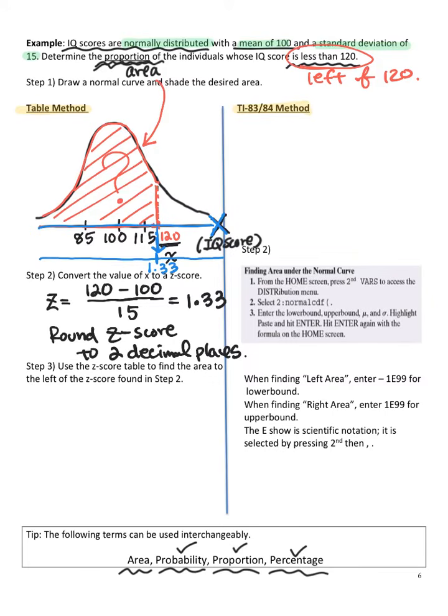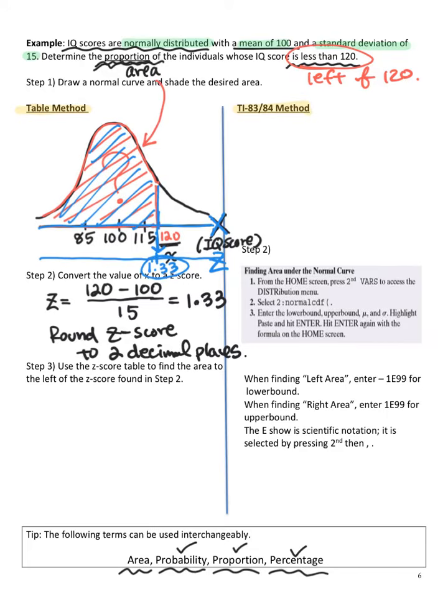So 120 and 1.33 are in the same location. 120 is in the normal distribution, 1.33 is in the standard normal distribution, but they're in the same location. So you're going to find the area to the left of 1.33.